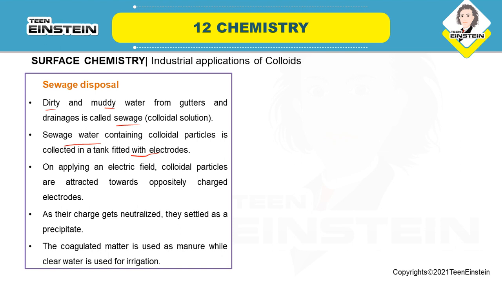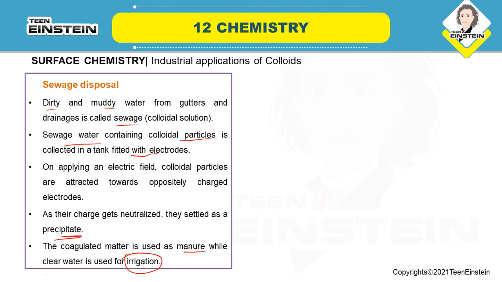Now the dirt, that is the colloidal particles, will combine together and settle as precipitate. Now this coagulated matter, that is the precipitate, can be used as manure. And the clean water that is also separated can be used for irrigation purposes. So basically we are as if recycling the sewage water.